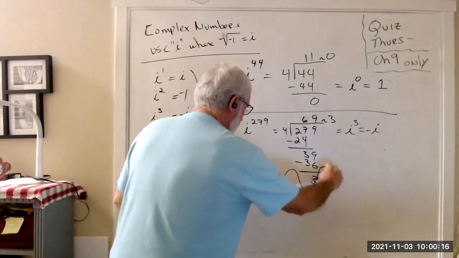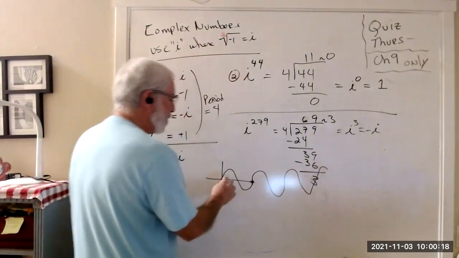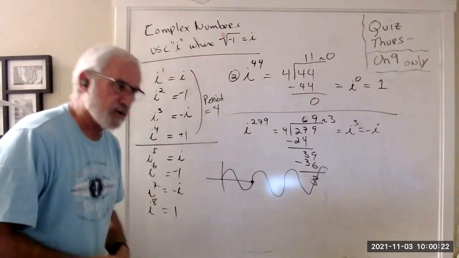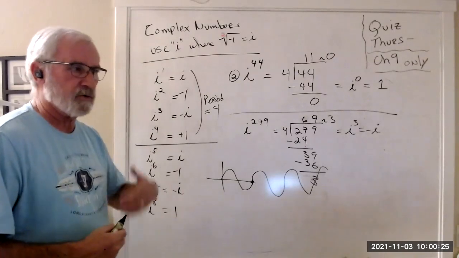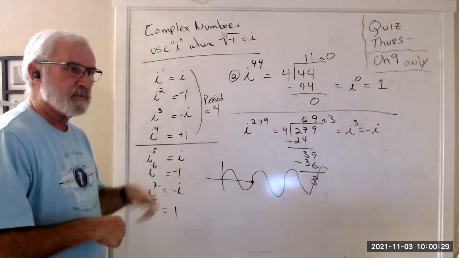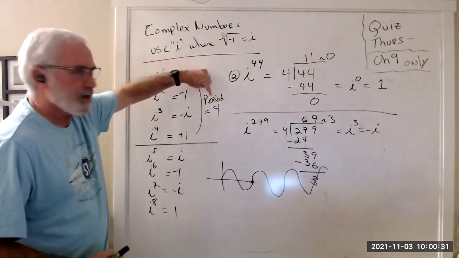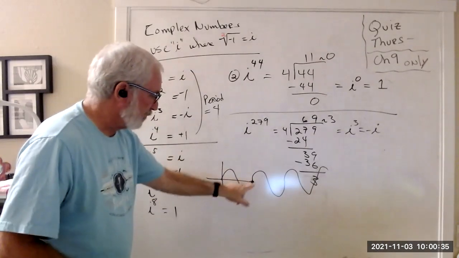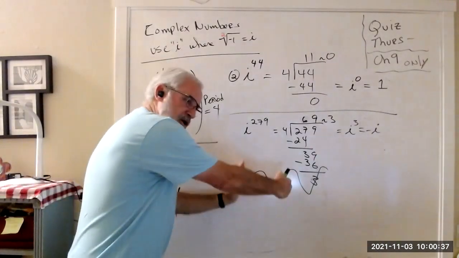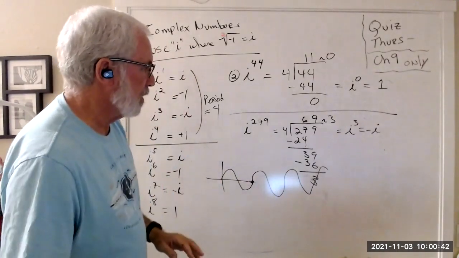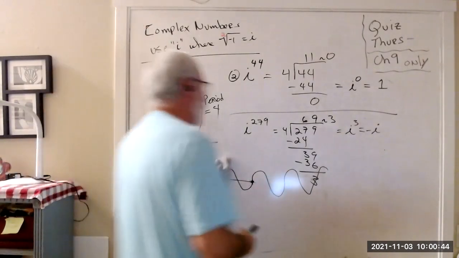You'll also learn about the period of the cosine curve, and all these other curves. They're all periodic because they repeat themselves after a certain distance or time period, if you will. So this is a nice introduction to that.